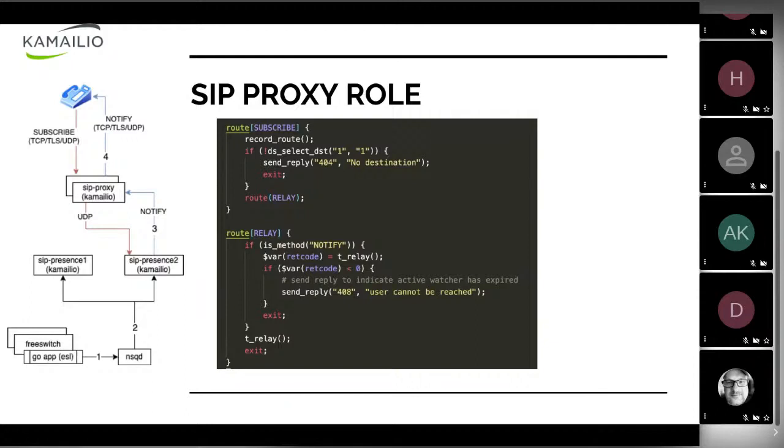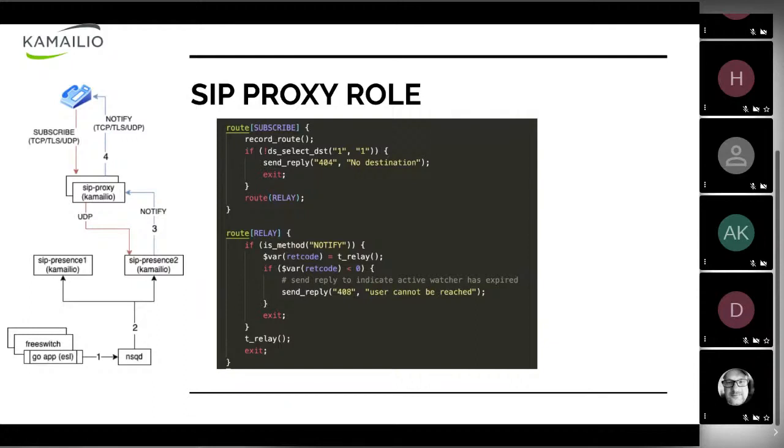One thing I wanted to show here is the notify handling. We're basically saying if the notify can't reach the user agent, send a reply of 408 to the SIP presence server, and the SIP presence server automatically removes that subscriber from the active watchers table.